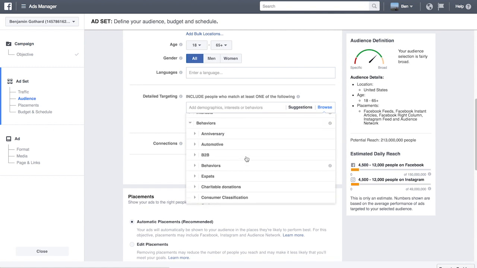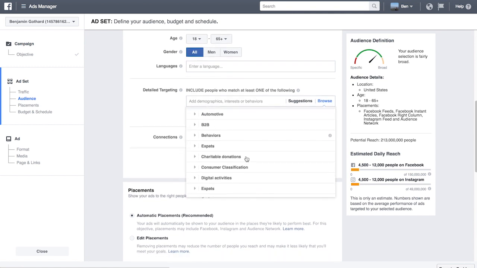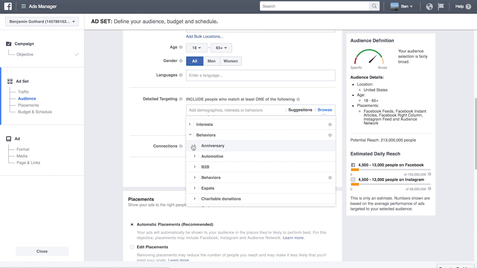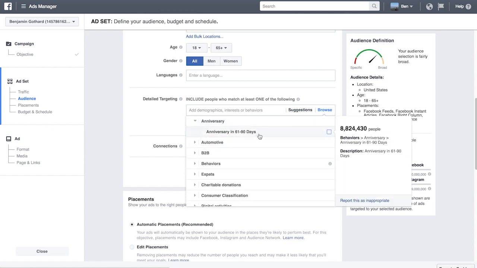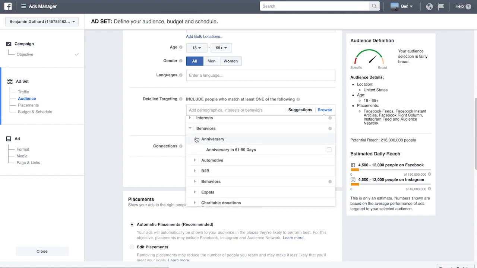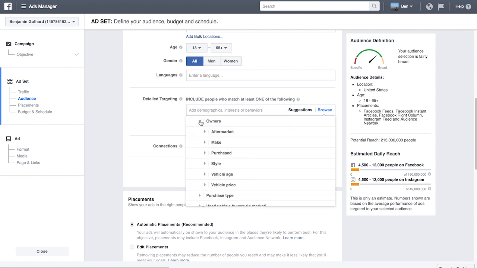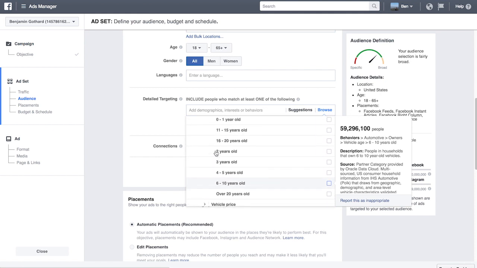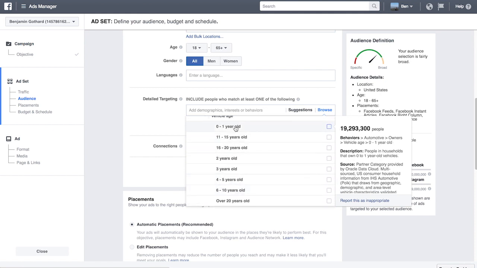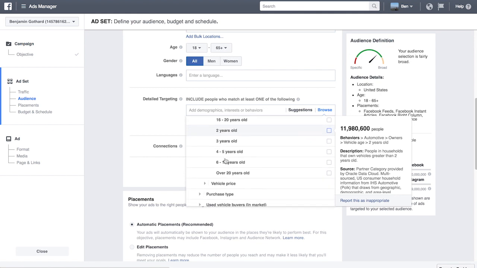Look how many different categories they have within behaviors. You can target people based on whether or not they have an anniversary coming up soon. You can target people on the type of vehicles that they buy or that they own. And you can target people based on the age of their vehicle. I mean, how could you possibly do that with a billboard or with a magazine?